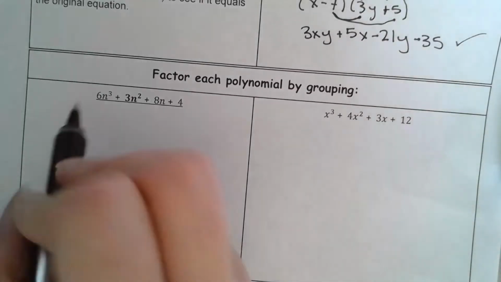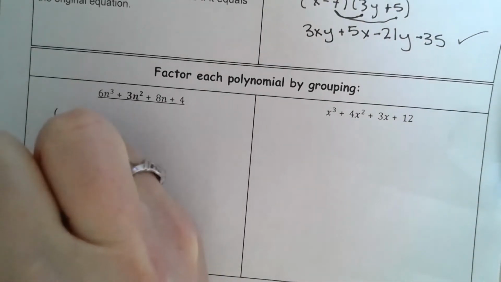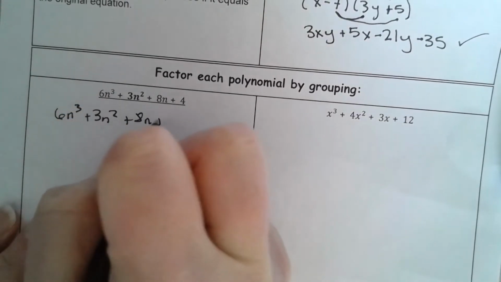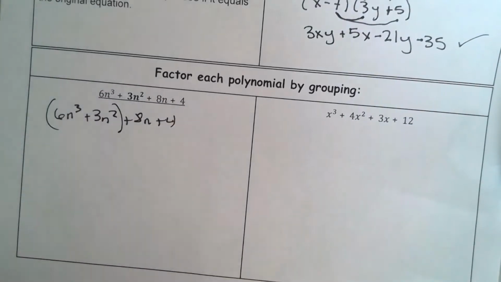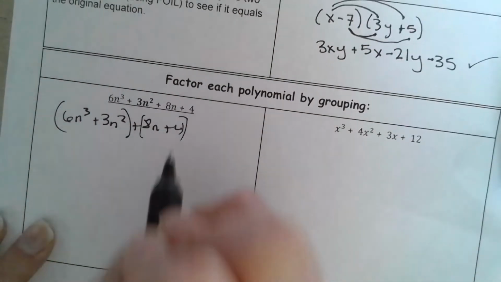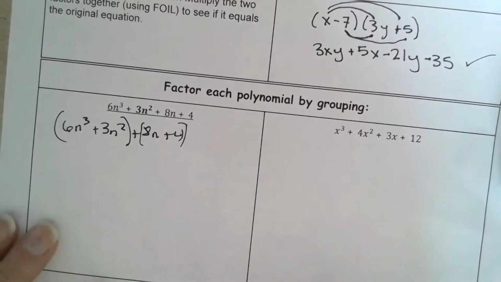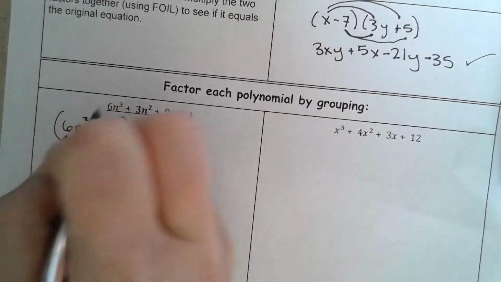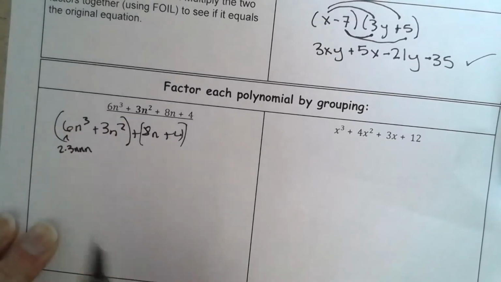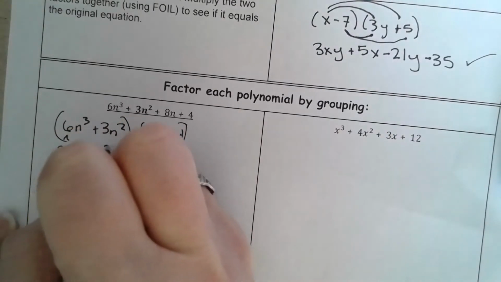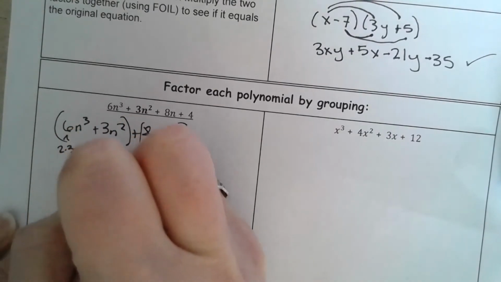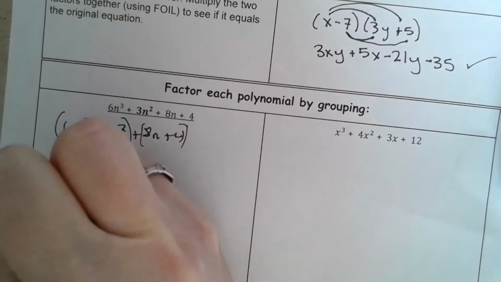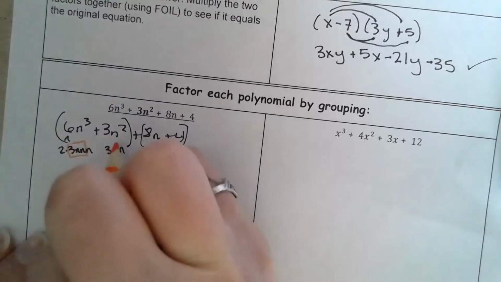Okay, so for our first one, we have 6n cubed plus 3n squared plus 8n plus 4. I'm going to group the first two together, group the second two together. Then we're going to look at what they have in common. 6 is 2 times 3, n cubed is 1, 2, 3 n's, and then we have 3 and then 2 n's. Okay, so they have a 3 and 2 n's.